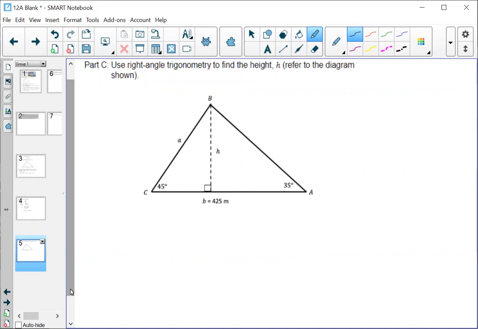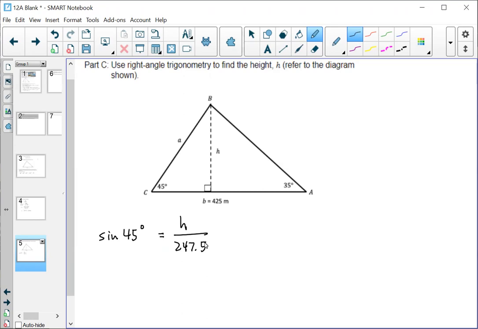I know that we have this angle C, which is 45 degrees. We can write the sine of 45 degrees is equal to H over A. We found A on the previous screen to be 247.5.